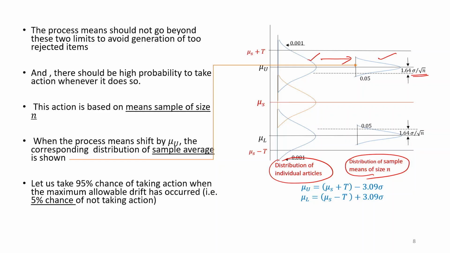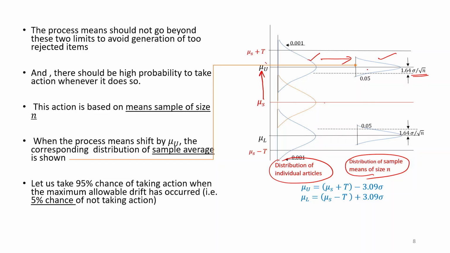That automatically means a 5% chance of not taking action. Say we are saying that there is a 95% chance of taking action when the maximum allowable drift has occurred. That means when the drift of the sample mean has gone from here to here. This is the maximum.